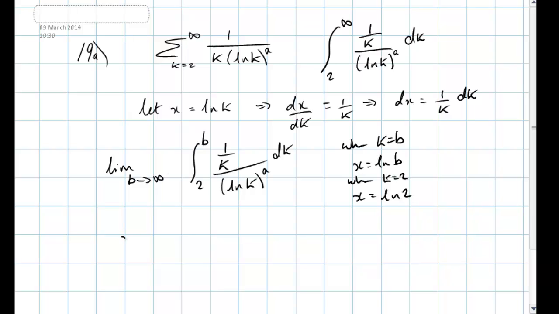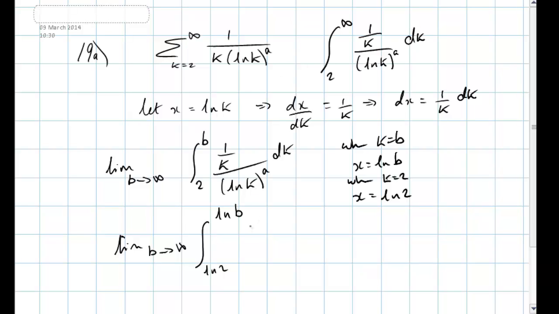And I can now say we're dealing with the limit as b approaches infinity of the integral. Now I'm going to change the limits, so that will become ln 2 on the bottom, and ln b on the top. I can replace the 1 over k dk with the dx, and the ln of k I can replace with x.